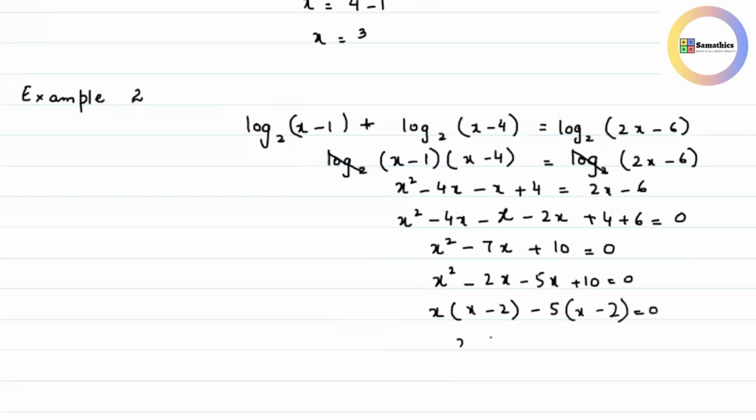So we have x minus 5 and we have x minus 2. Then x minus 5 is equal to 0 and x minus 2 is equal to 0. So we have two values, x is equal to 5 and x is equal to 2.